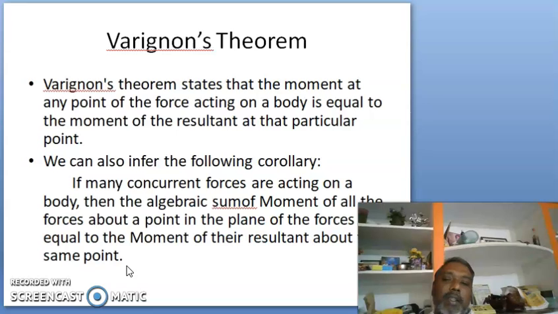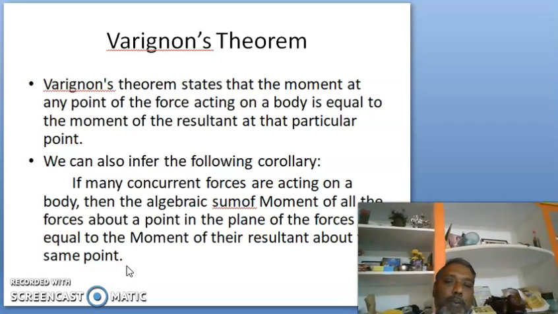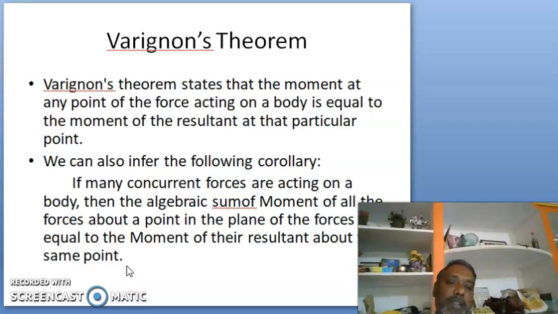So either we obtain the moment from components for a single force, or we can go for a number of forces for which the moment is applied by having the resultant and taking the moment of that resultant.